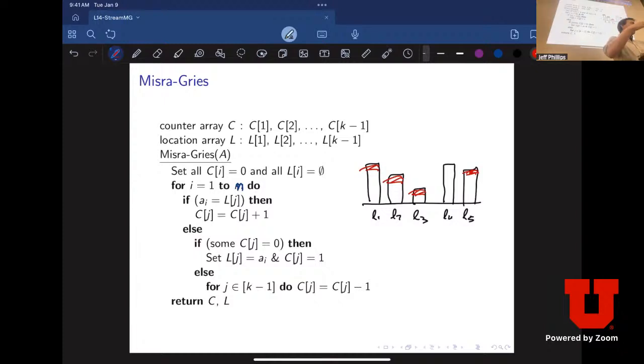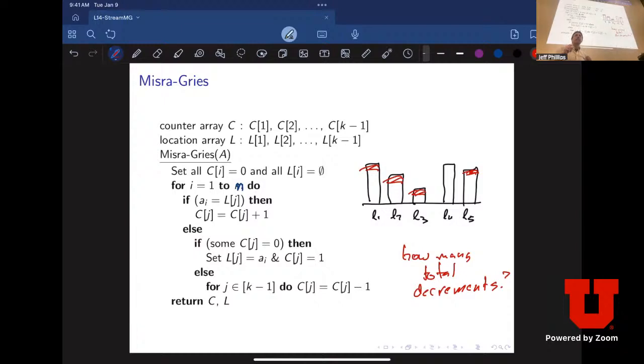The number of times I've decremented stuff. How many times can I do this decrement operation where I reduce one from all the counters? If I have 10 of these things, how many total decrements? Okay, we'll finish up after this.